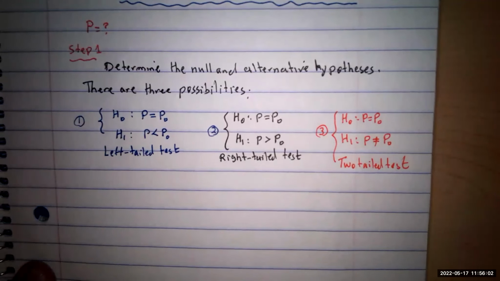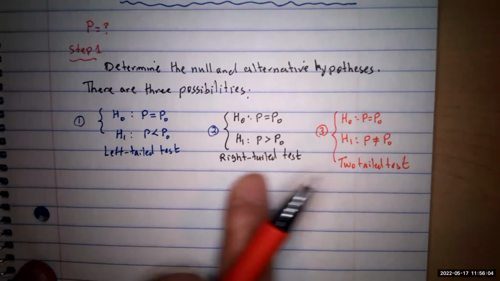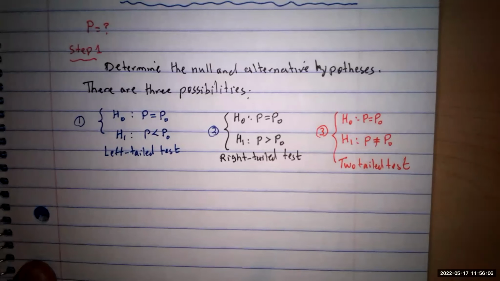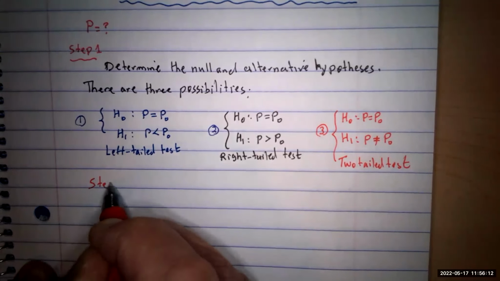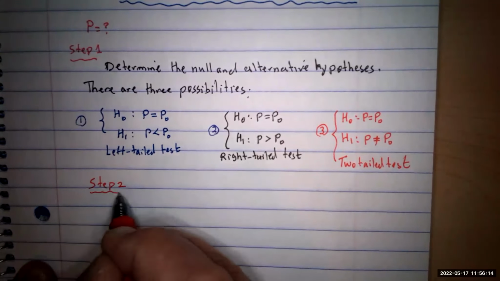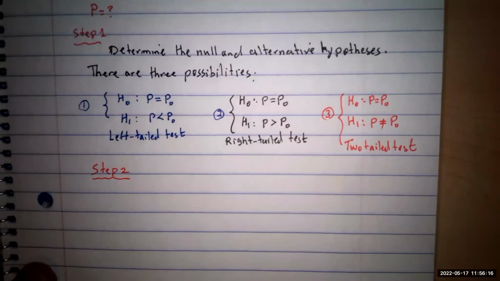Any question? One of these can happen, and you are going to set it up. That will take you to step two. This is different. Step two is your test statistic.